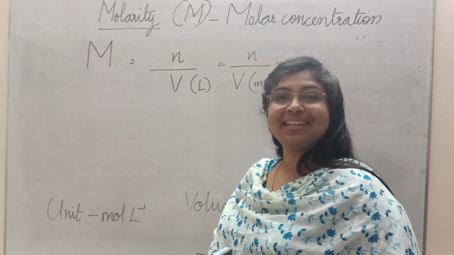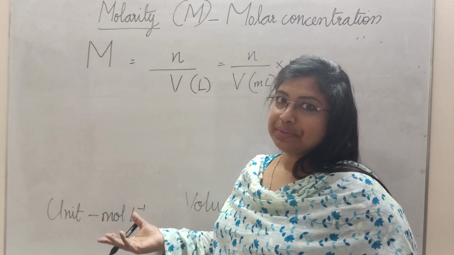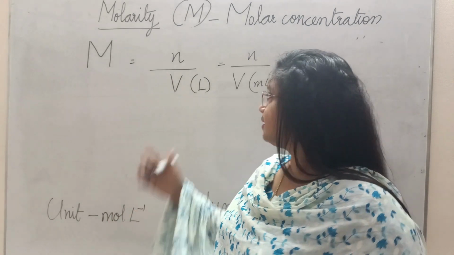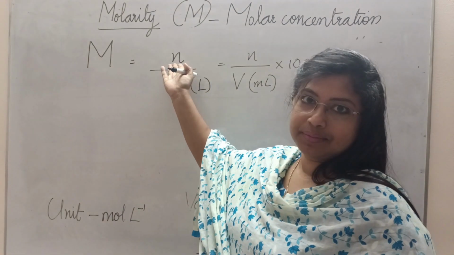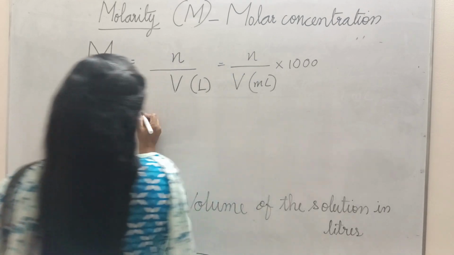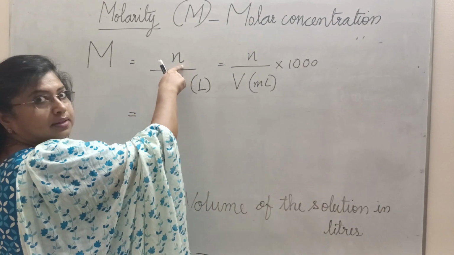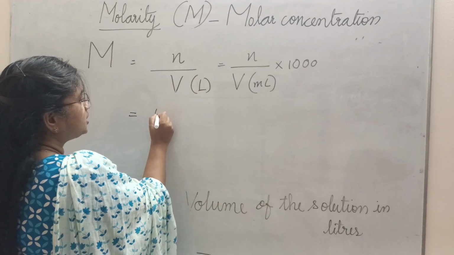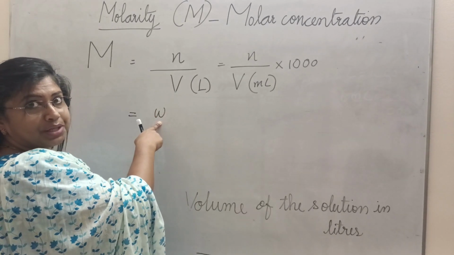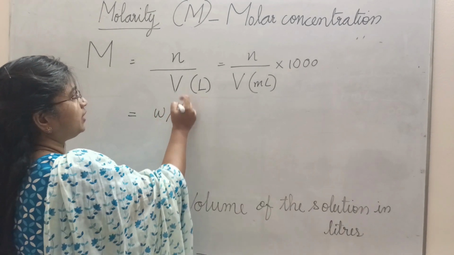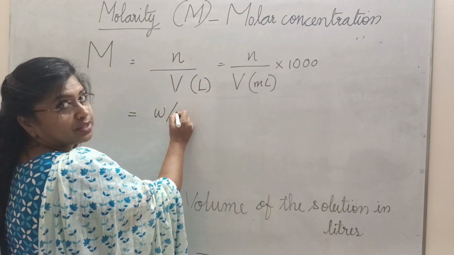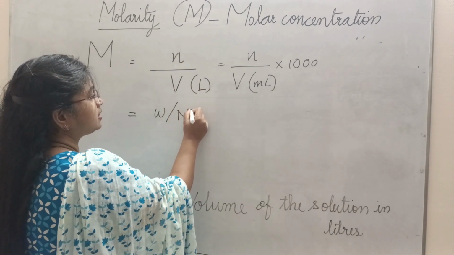Number of moles നമ്മൾ എങ്ങനെയാണ് കണ്ടുപിടിക്കുന്നത്? Mass of the solute divided by molar mass. അത് നമ്മൾ ഇവിടെ സബ്സ്റ്റിറ്റ്യൂട്ട് ചെയ്യാം. n-ന് പകരം നമുക്കത് സബ്സ്റ്റിറ്റ്യൂട്ട് ചെയ്യാം. So in the place of n, we can write mass of the solute, W denotes mass of the solute, divided by molar mass of the solute. It can be expressed like this, mm.